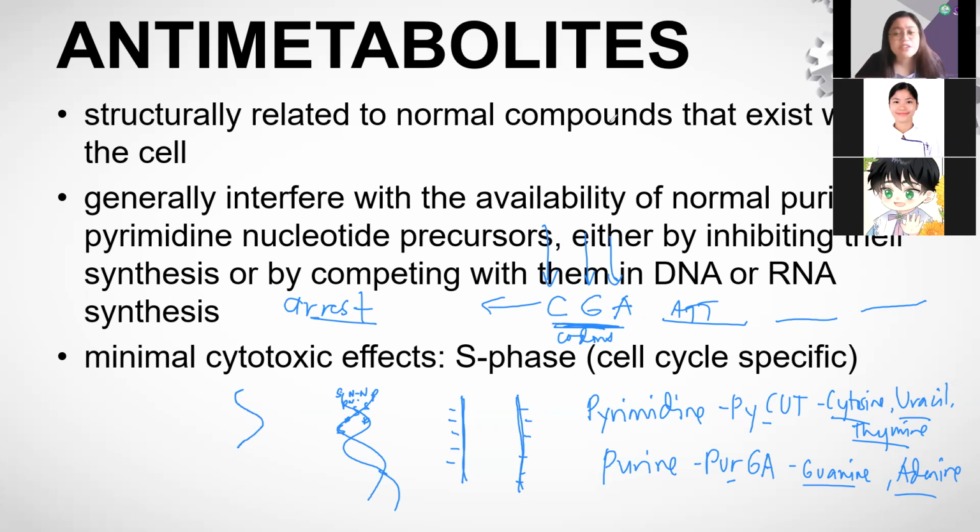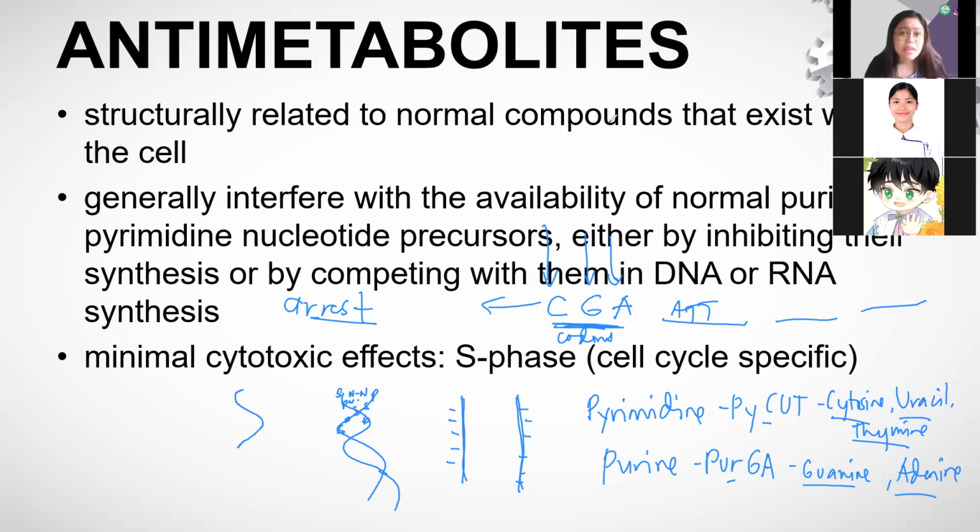Therefore, since their action is in the DNA or RNA synthesis, they are cell cycle specific, which is in the S phase. The DNA and RNA synthesis takes place in the S phase, which is a part of the interphase. So without the DNA and RNA synthesis, the cell cannot move on to mitosis.